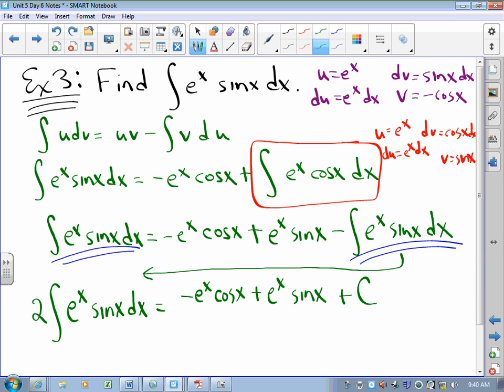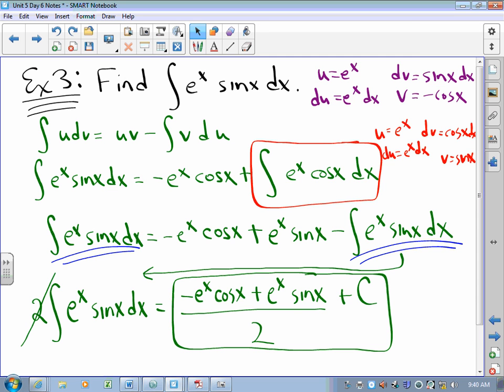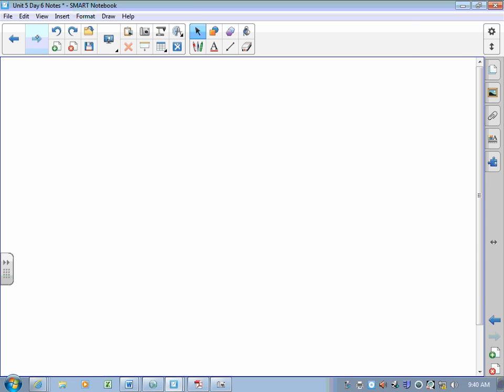And so to get what I want, I would just divide by 2 and put a box around it. Oh, that's just flat out mean. I could run integration by parts twice and then have to do algebra. We don't do algebra. It's a calculus class.